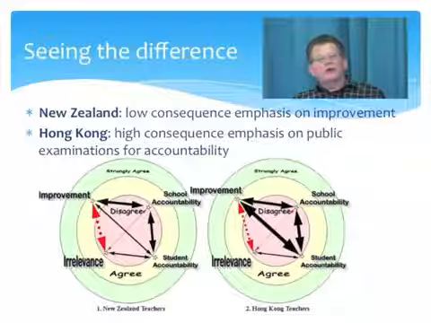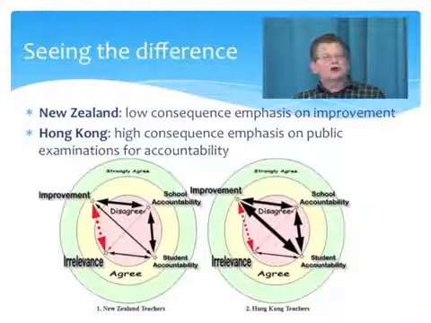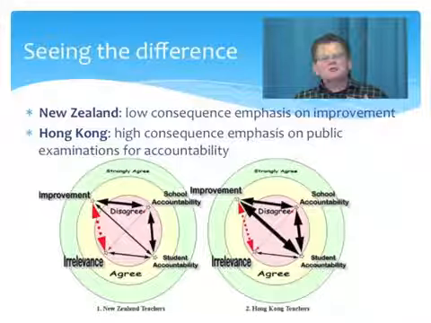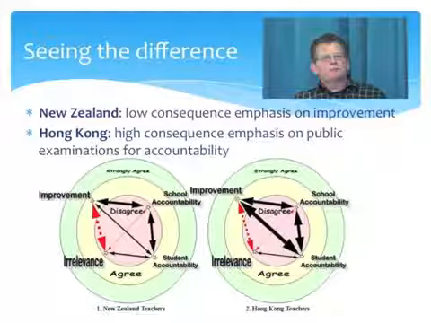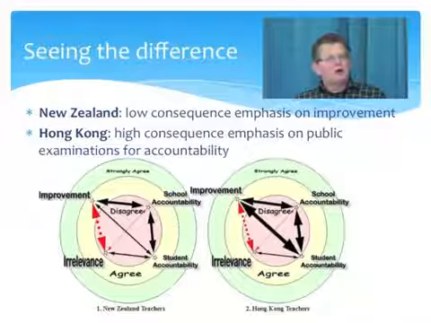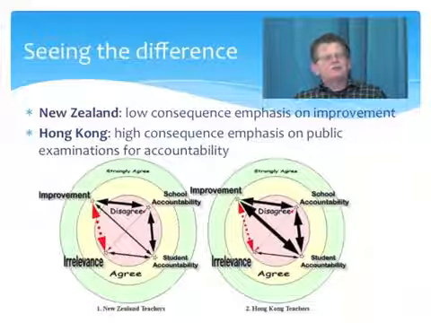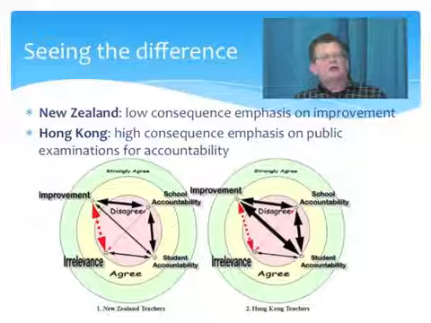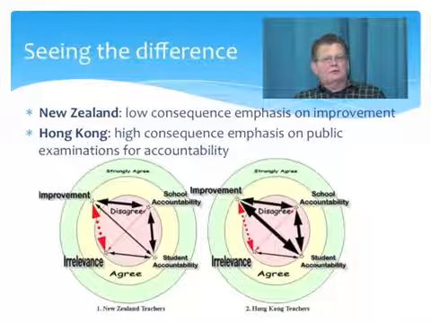But in Hong Kong, we found that this correlation was 0.9. 0.9 means they're interchangeable. They're almost identical. For Hong Kong teachers, one of the best ways to improve student learning is to test them. Whereas New Zealand teachers only have a small sense that that might be true. So these two different societies have quite different understandings of how these purposes relate to each other.